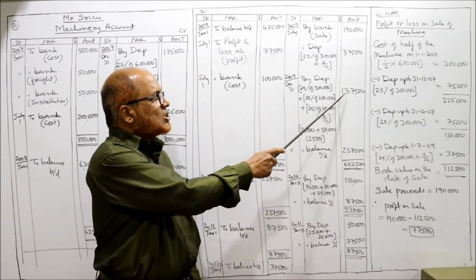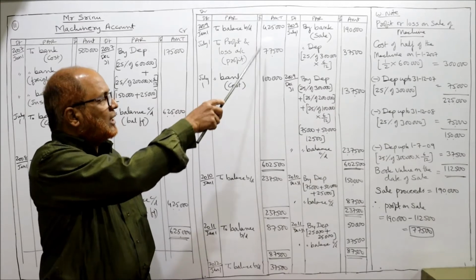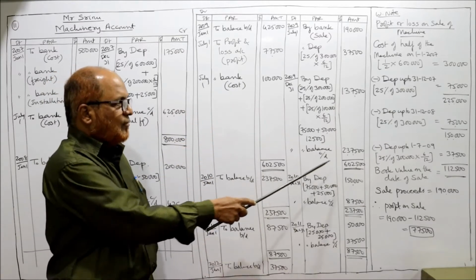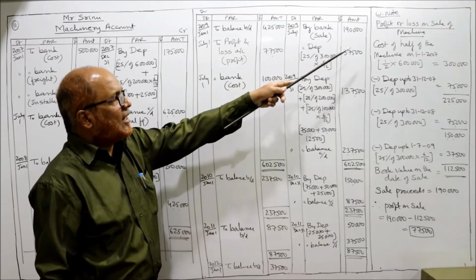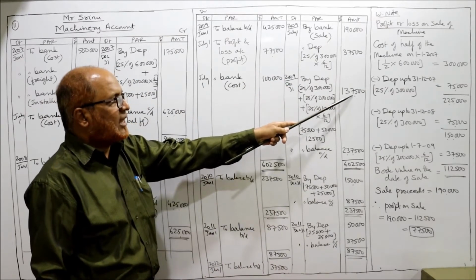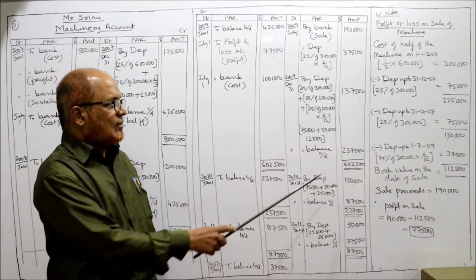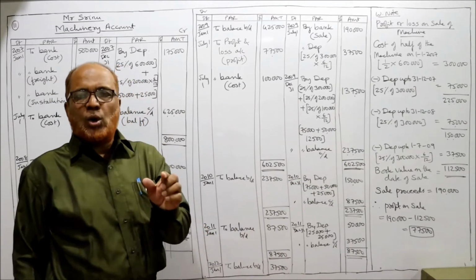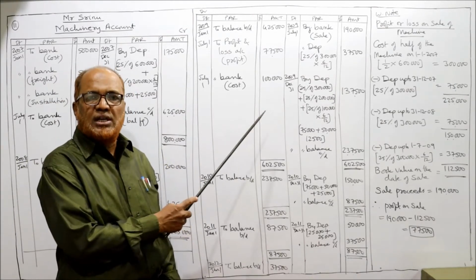The total depreciation is 1,37,500. Now take the total on the debit side, 6,02,500. From 6,02,500 minus 1,90,000 minus 37,500 minus 1,37,500, balancing figure 2,37,500. This is the closing balance of machinery at the end of third year, that is 2009.